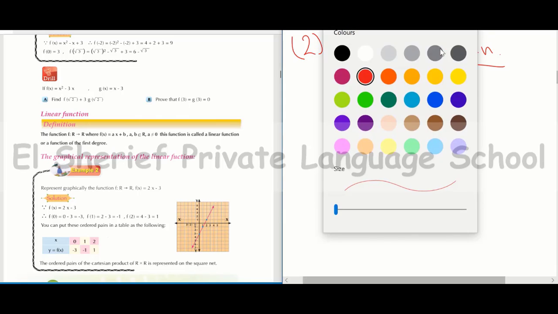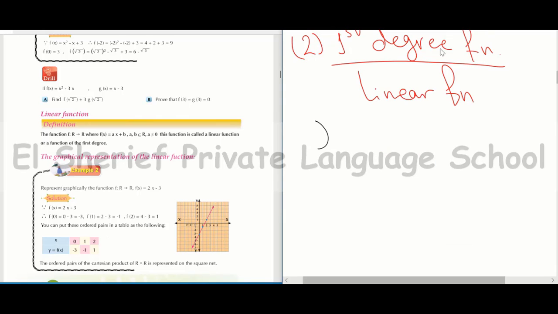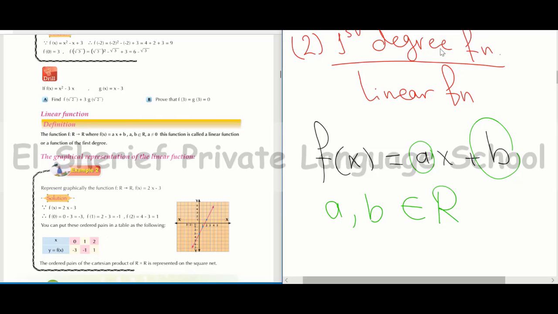And the general form of this function is f of x equal ax plus b, where a and b are real numbers. A and b belongs to r. A and b are real numbers.